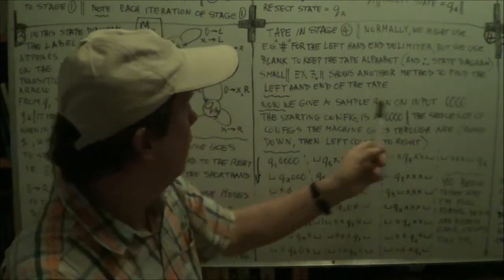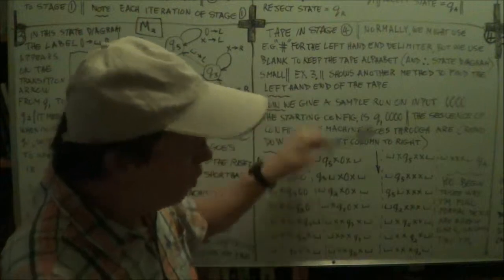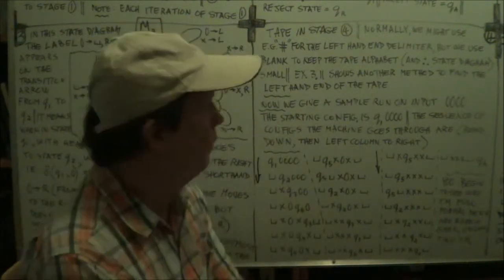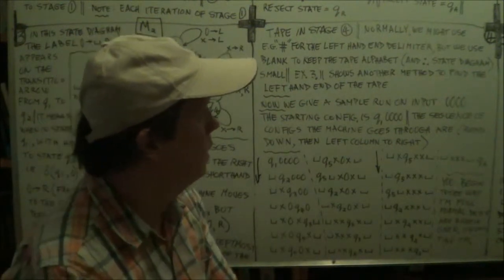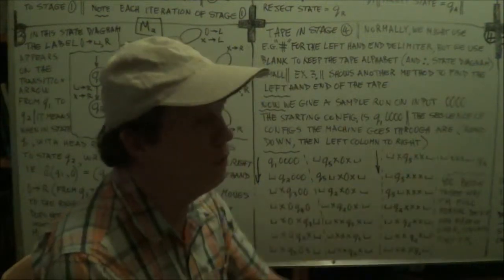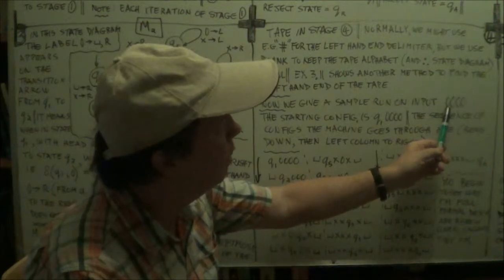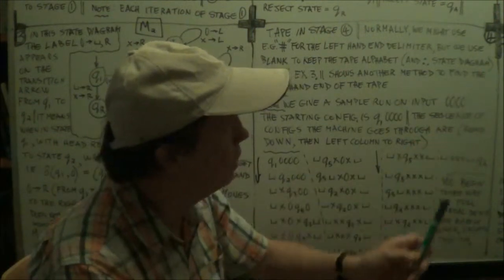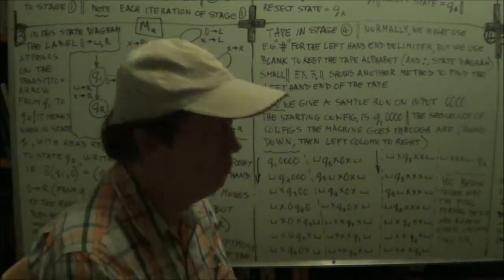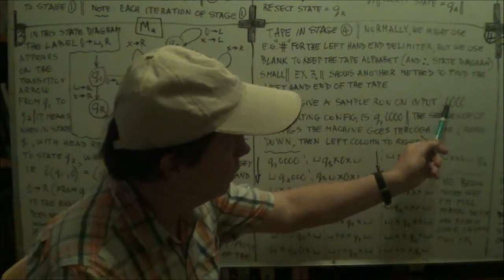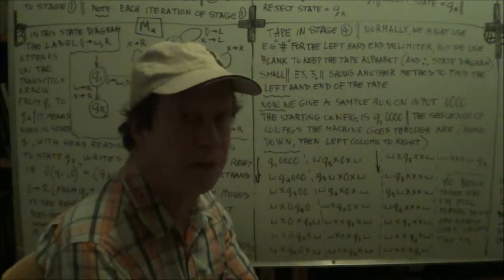Good. All right. So what we're going to do now is a walkthrough. We will input a particular string that we know will be accepted because the number of zeros in the string is a power of 2. You can just see there are 4 zeros here. That's obviously a power of 2.